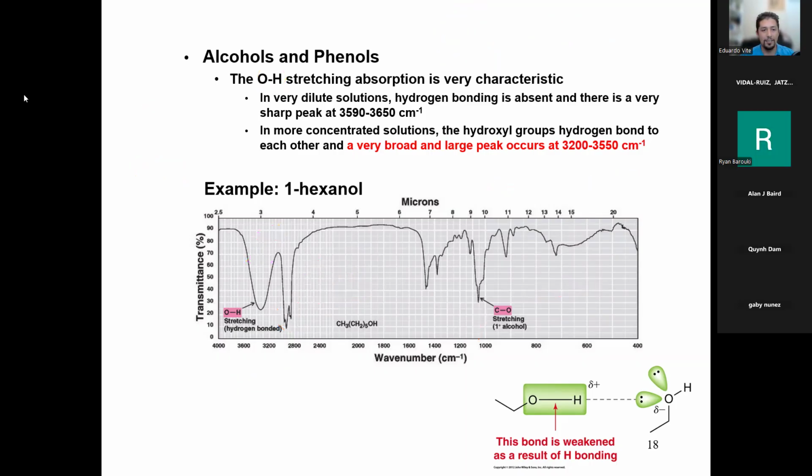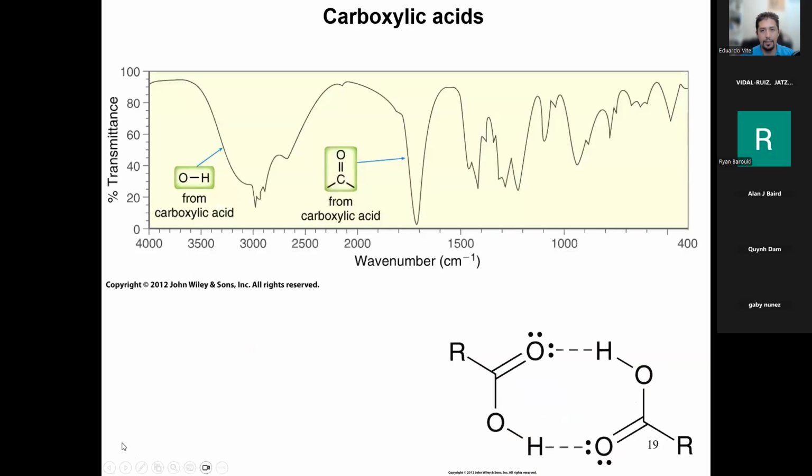All right, so let's look at some more. Carboxylic acids. Well, they contain alcohol, so it makes sense, right? And they also contain carbonyls. A carboxylic acid is a compound functional group of a carbonyl and a hydroxyl. Carbonyl plus hydroxyl equals carboxylic acid. So you should see the signals of both groups in the IR spectrum.